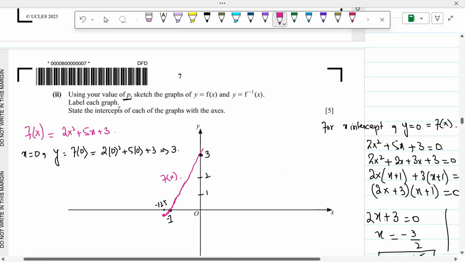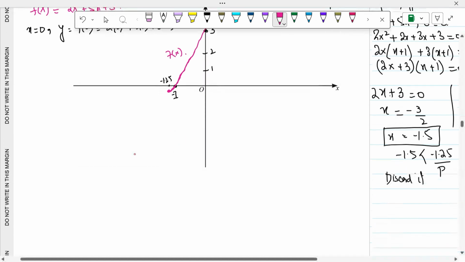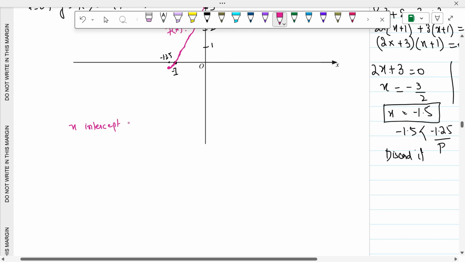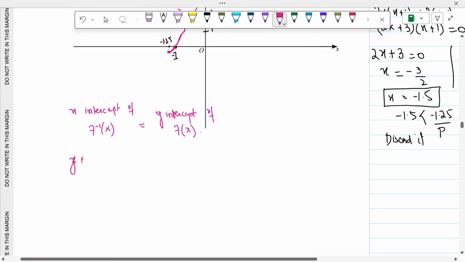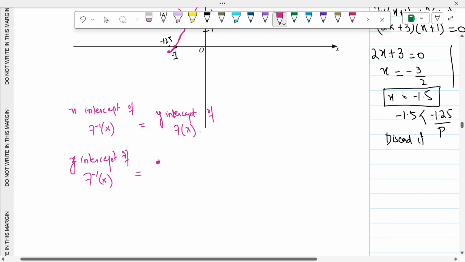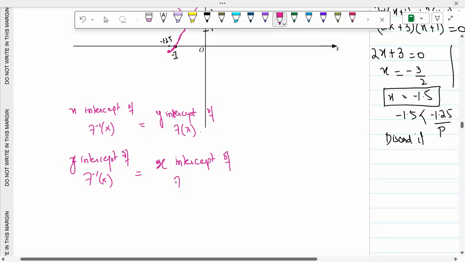We also need to plot f inverse of x. It should be noted that the x-intercept of f inverse of x is equal to the y-intercept of f of x. Similarly, the y-intercept of f inverse of x is equal to the x-intercept of f of x.